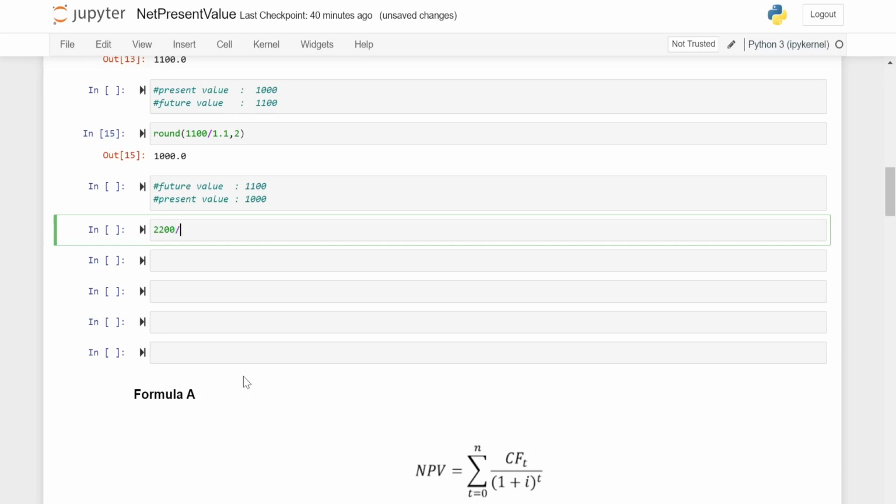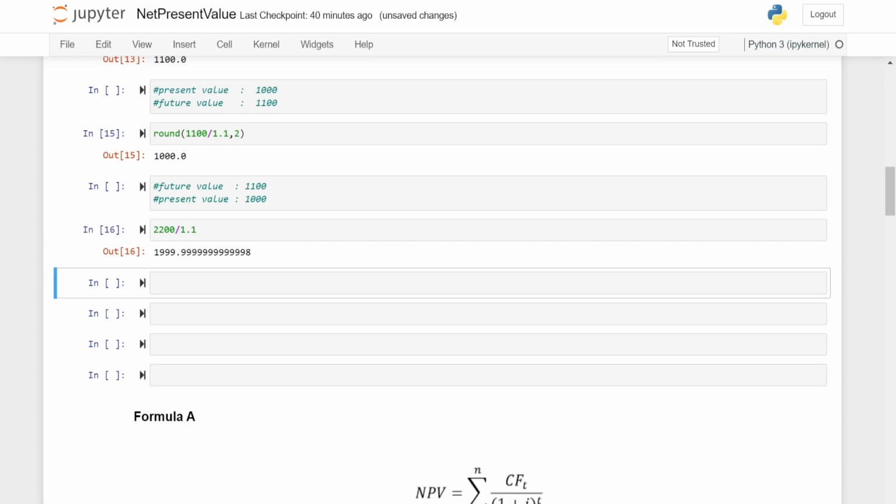And how can we derive net present value? We will divide by 1.1. What are we going to get? Okay, let us round it off to 2 decimals. Here, 2000. So what is this? Net present value is 2000.